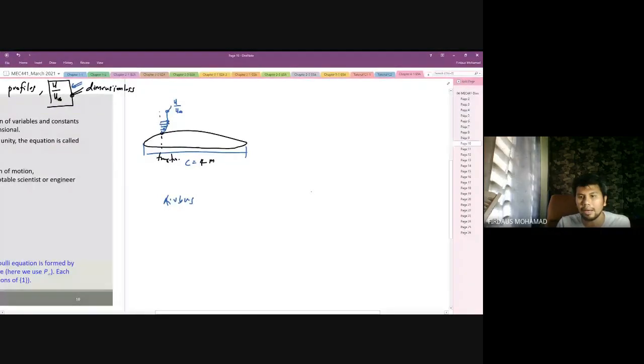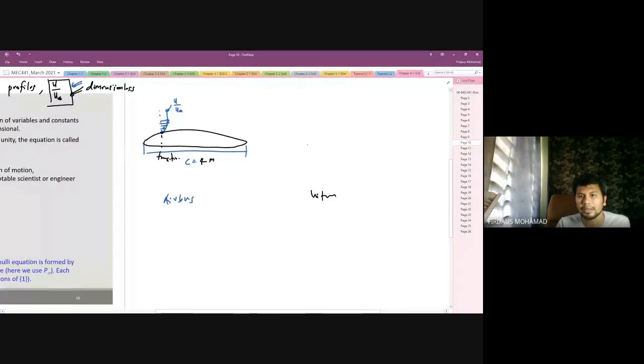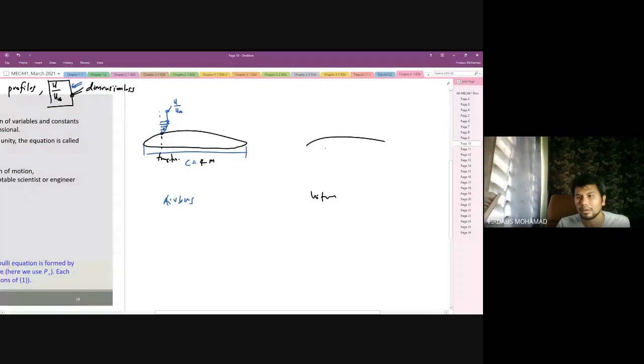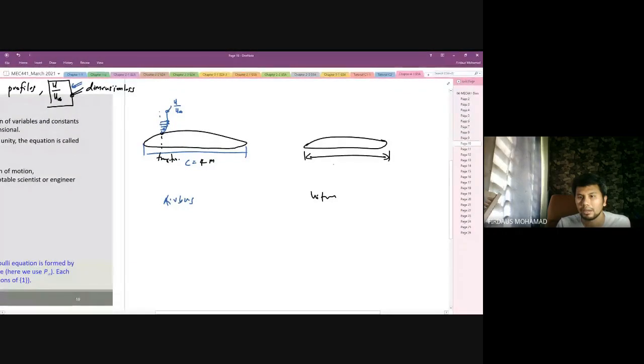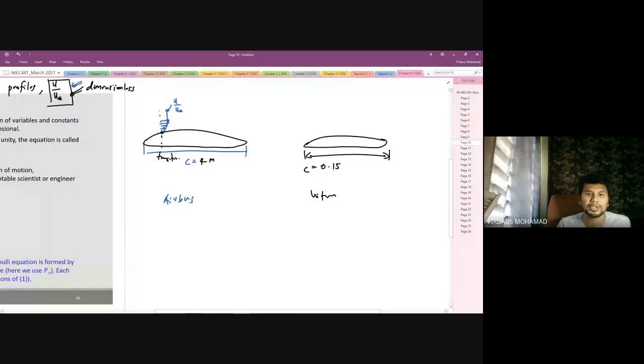Tapi dekat UiTM kita punya length hanyalah 15 ataupun 0.15 meter. Okay, so kita kena come out dengan dimensionless.